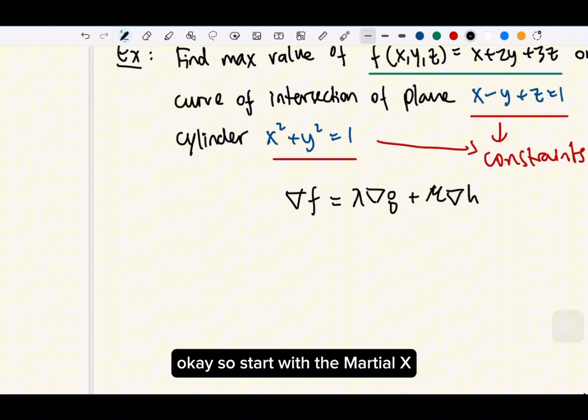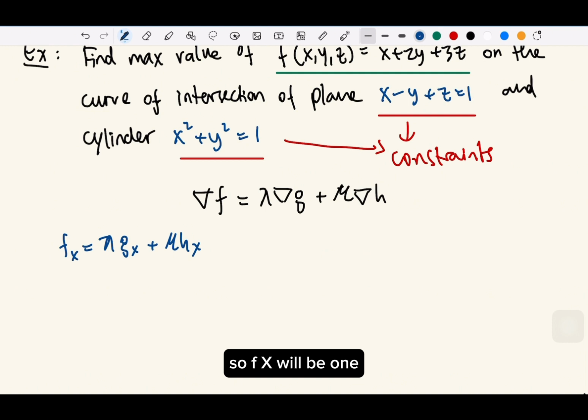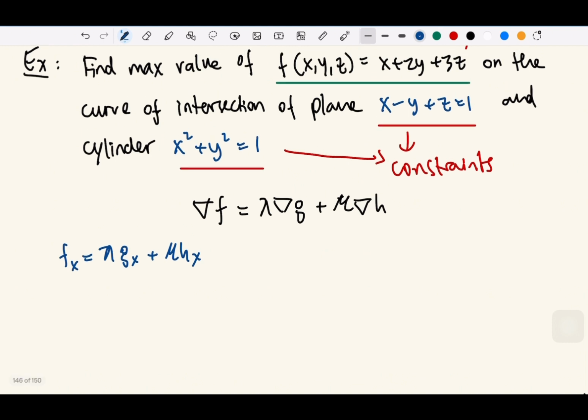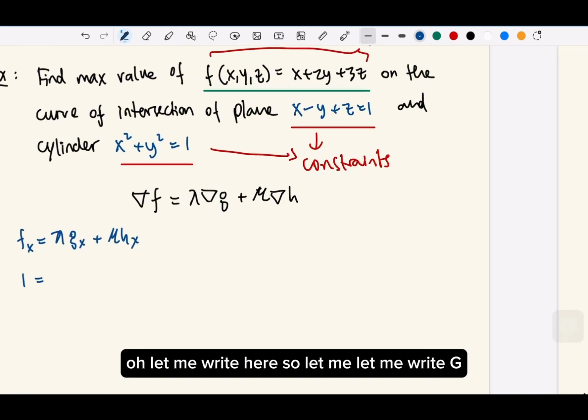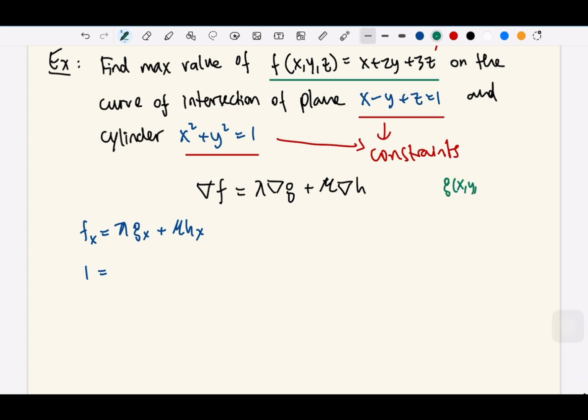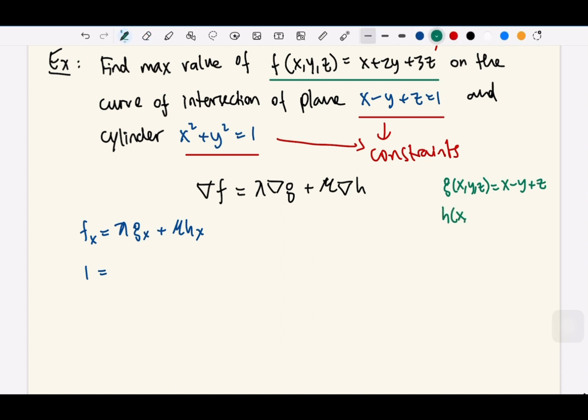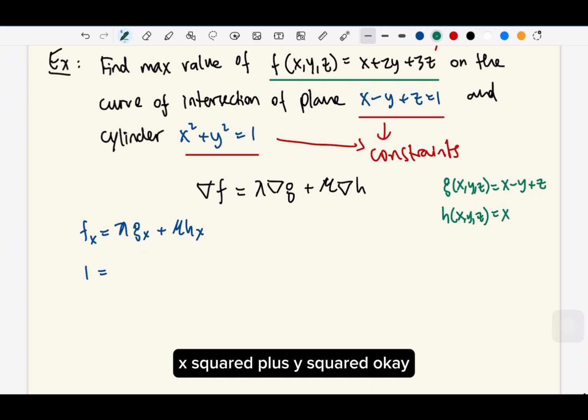Okay, so start with the partial x. So fx will be 1. Or let me write here. So let me write g is x minus y plus z, and h is x squared plus y squared.